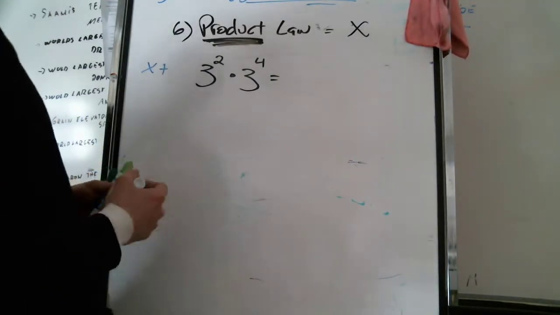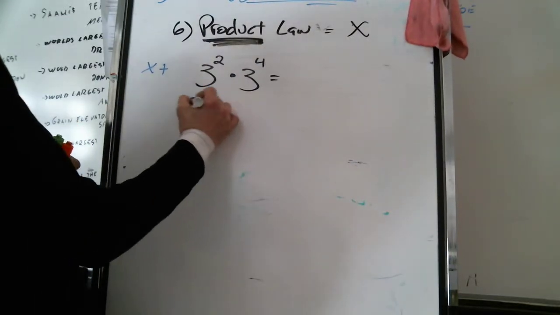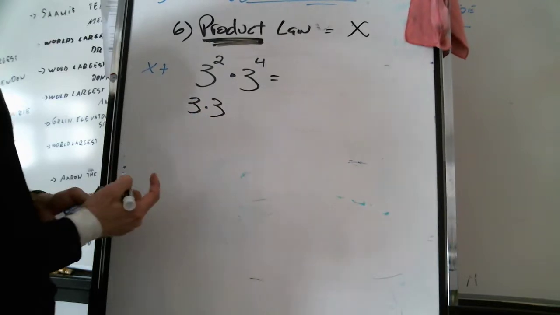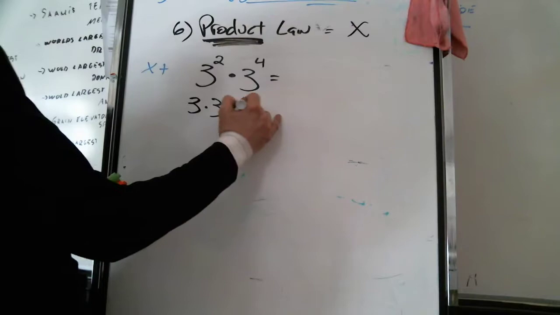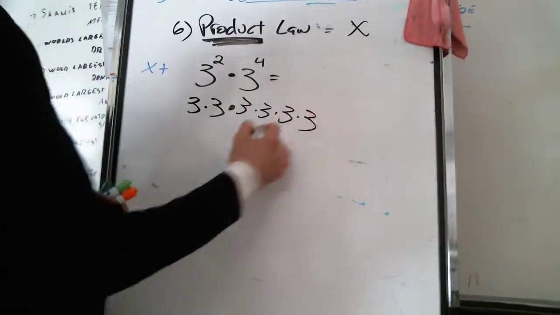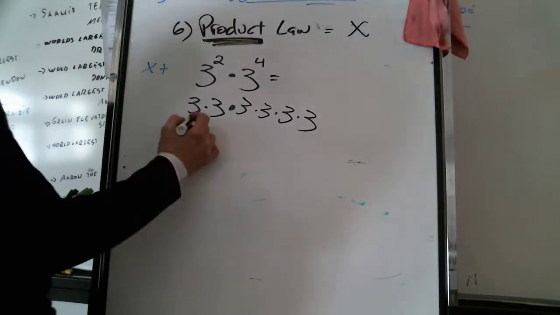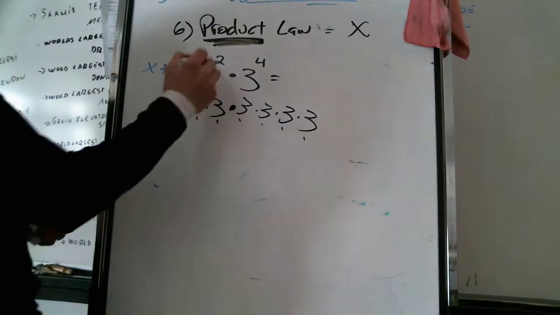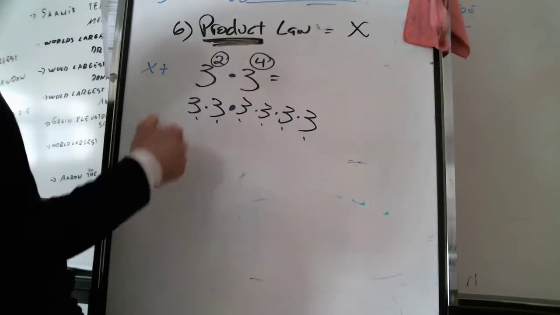So here, knowing the commutative law, let's take a look. What is 3 squared? It's 3 times 3. Now, you see how I have 2 3's? If I multiply the next term, which is 3 times 3 times 3 times 3, it just becomes a giant long multiplication problem. How many do I have? 1, 2, 3, 4, 5, 6. There's 6. That's the same as here. This says multiply this twice, multiply it 4 times.